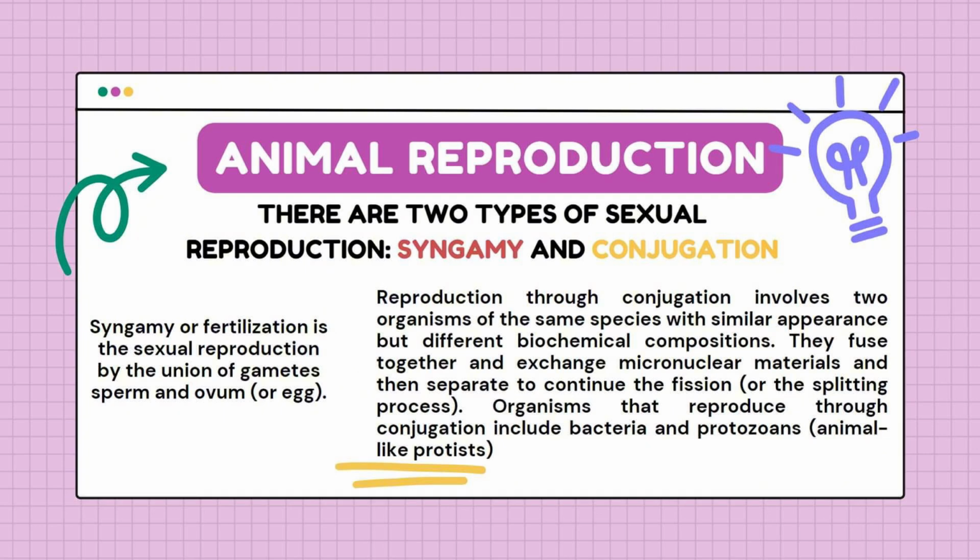Okay. Organisms that reproduce through conjugation includes bacteria and protozoa. So, kung kanina, reproduction through fertilization, this time reproduction through conjugation, there is a division of 1 organism into 2.